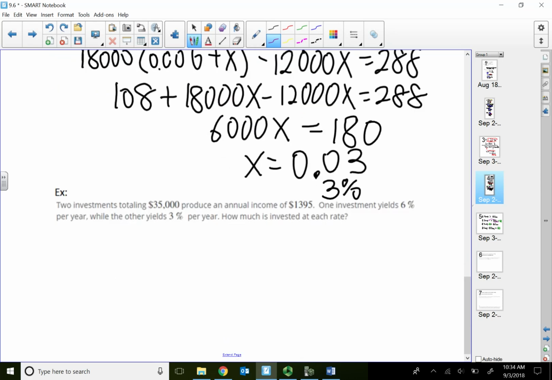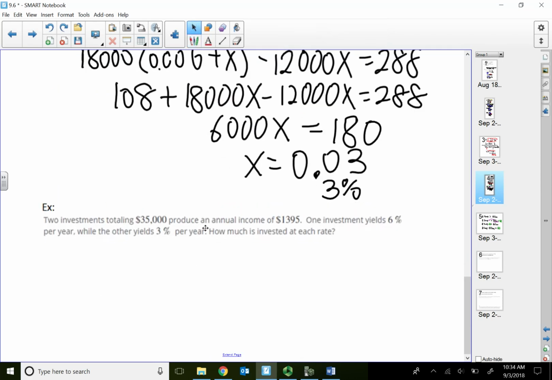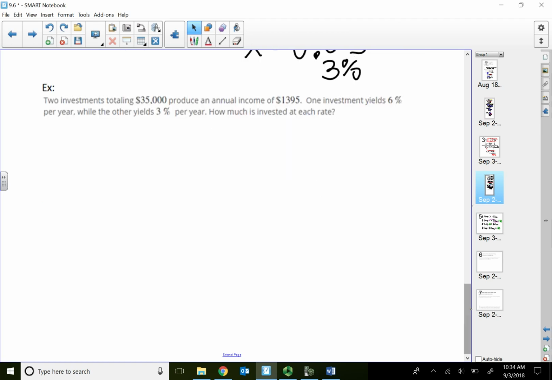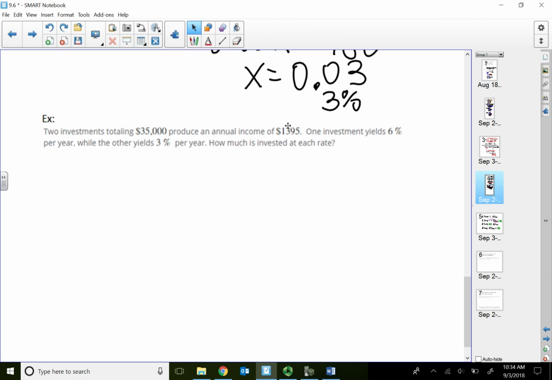All right, let's try one more. Two investments totaling $35,000 produce an annual income of $13.95. So that means the two accounts together earn $13.95. One investment yields 6%, while the other one yields 3%.